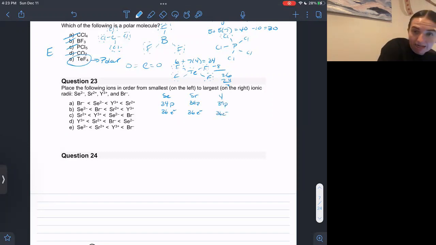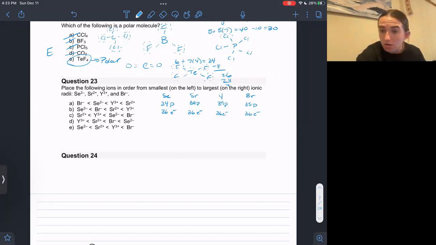And then Br minus is 35 protons and 36 electrons. Okay, so they all are the same as krypton. They all look like krypton. But the more anionic it gets, the bigger it is. So this one has the biggest, this is -2, yeah.